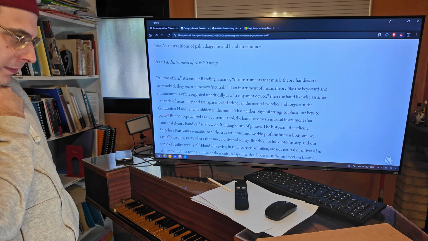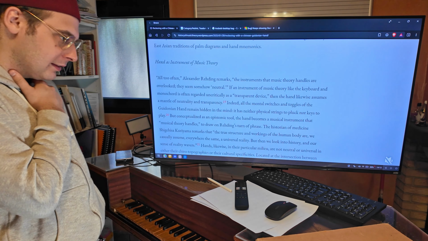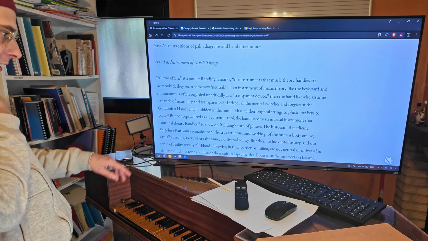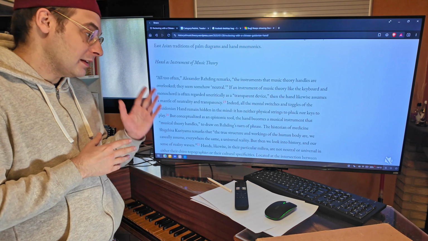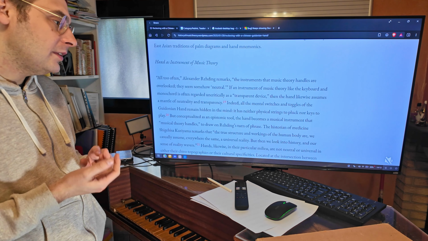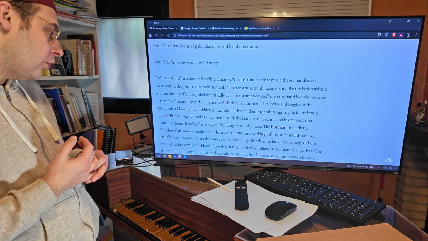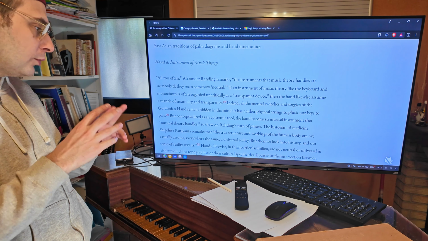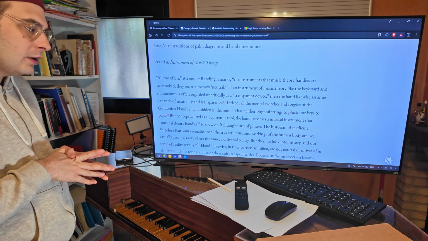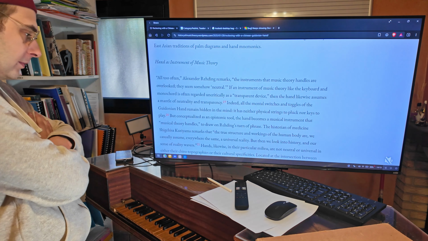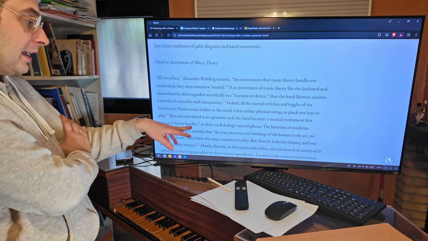Indeed, all the mental switches and toggles of the Guidonian hand remain hidden in the mind. It has neither physical strings to pluck nor keys to play, but conceptualized as an epistemic tool, the hand becomes a musical instrument that musical theory handles.